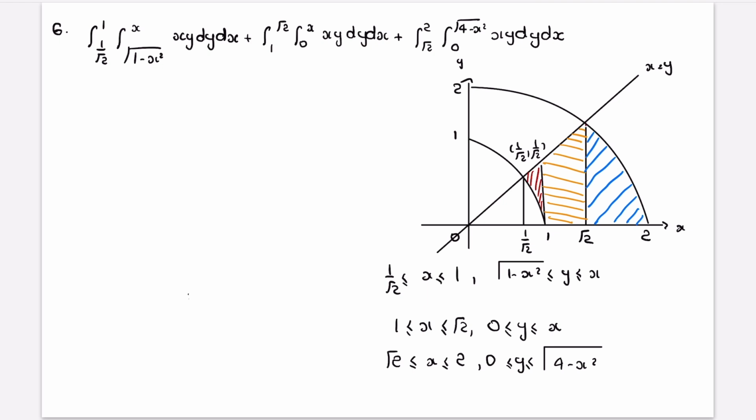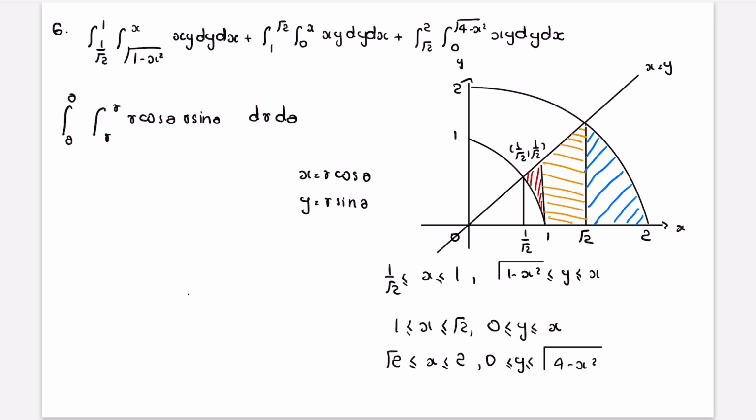Okay, let's calculate that. First, r. We know the parametric equations: h is equal to r cos theta and y is equal to r sin theta. So we change dy dh into dr d theta.